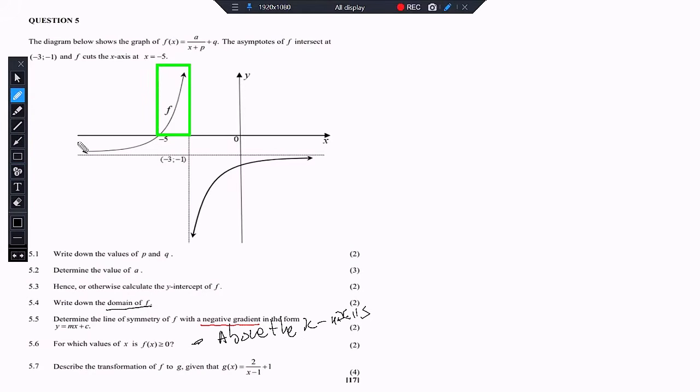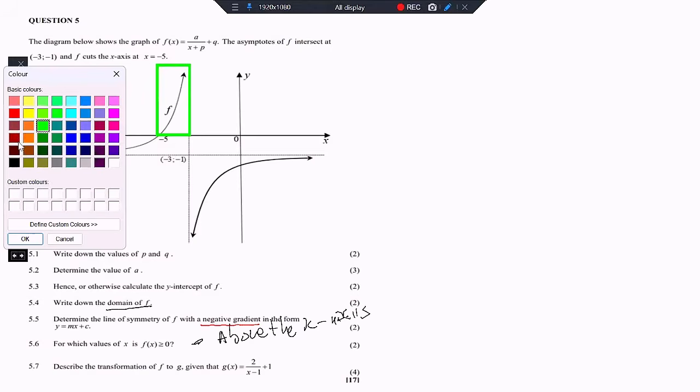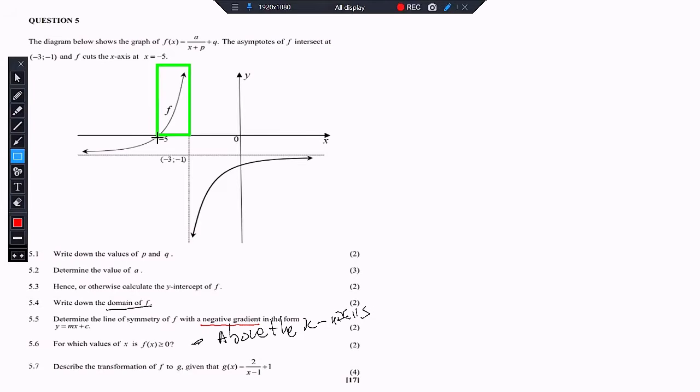If you were to look at any other points just for confirmation, you would realize that anywhere else besides that point, our graph of f of x is below. Remember, the x-axis is this horizontal line that passes through the origin.